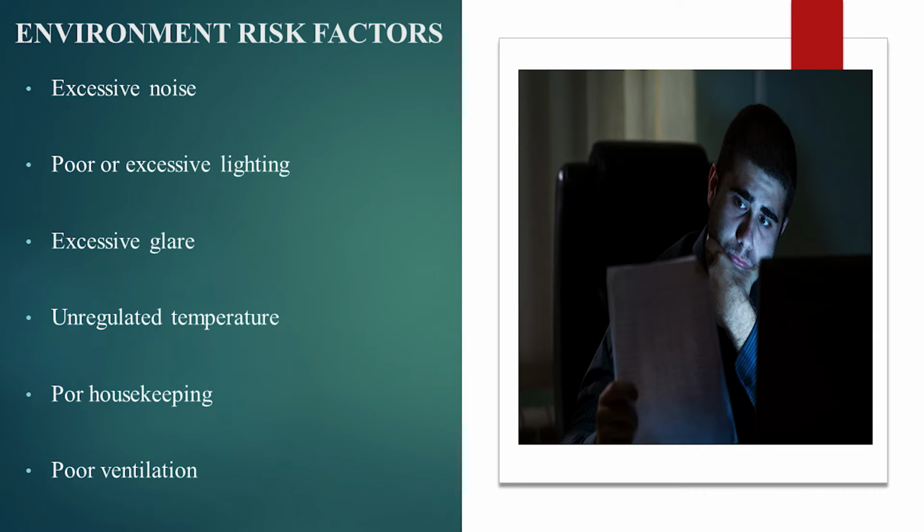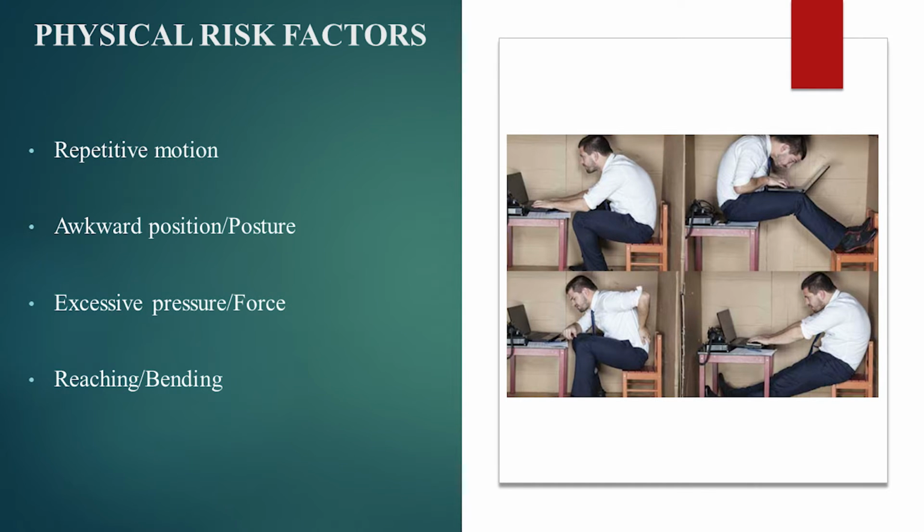Environment risk factors include excessive noise, poor or excessive lighting, excessive glare from computer screens, unregulated temperatures, poor housekeeping, and poor ventilation. Physical risk factors include repetitive motions such as typing, computer mouse movement, filing, and lifting, awkward position and posture such as leaning forward, typing with wrists at odd angles, raising your shoulders while typing, reaching to use the mouse, and twisting your neck to look at a device screen.